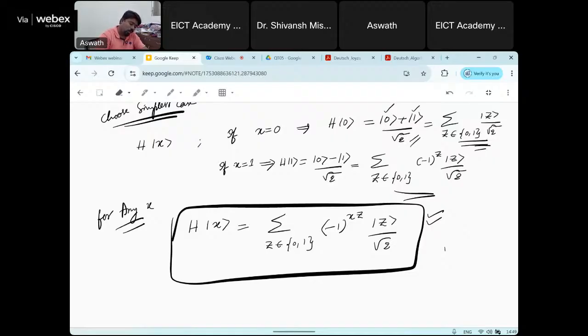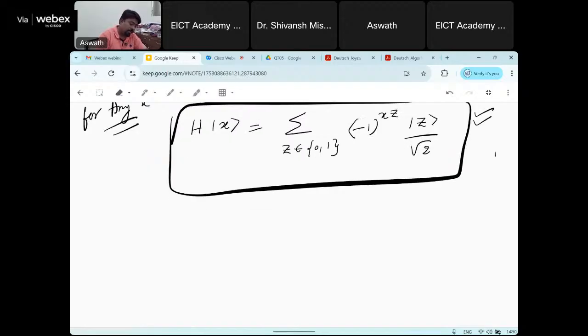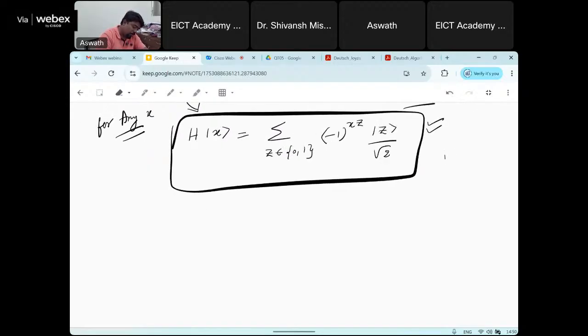When x is equal to 1, you see minus 1 to the power of 1 times z, and the second case is coming. So both of them are captured in this one single statement. Very good. Now you might feel uncomfortable when I go for n, when anybody can go for n equal to, let's say, 2 or more.